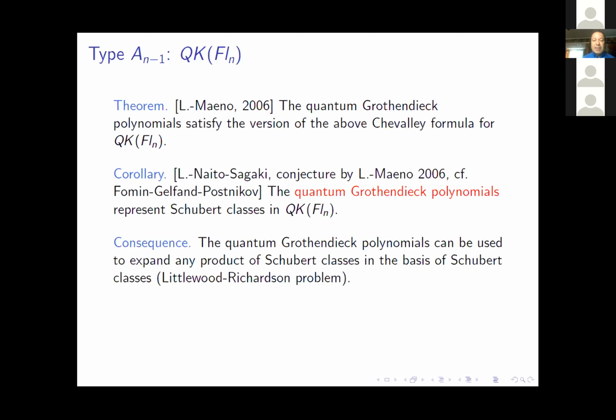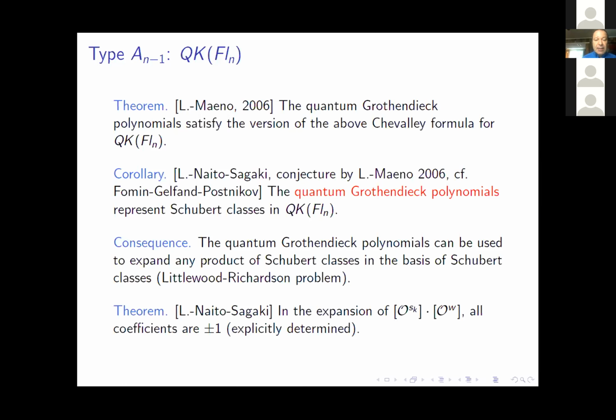So we can solve this very big generalization of the Littlewood-Richardson problem algorithmically, because not even for the cohomology of the type A flag variety do we have yet a nice general rule. But at least algorithmically we can do this.